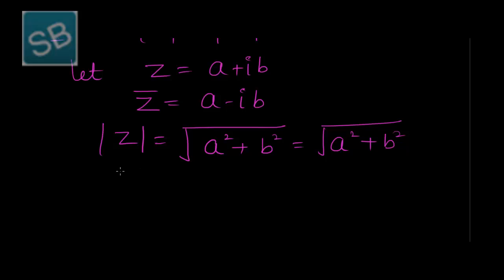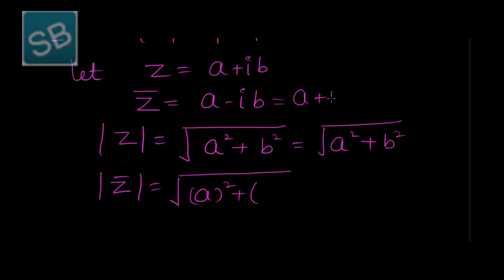And what about mod of z bar? That is under root of real part square plus square of imaginary part. Here the imaginary part is minus b, that is a square plus minus b whole square, because generally we define the modulus of a plus ib with a plus sign in the complex numbers.